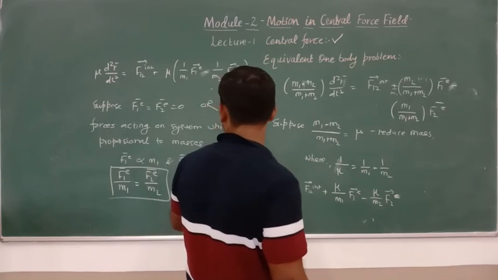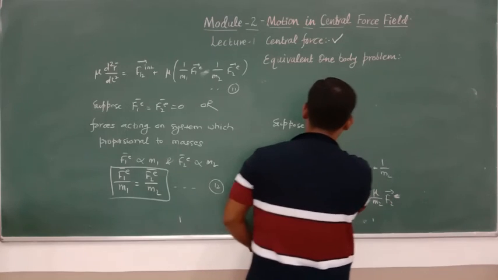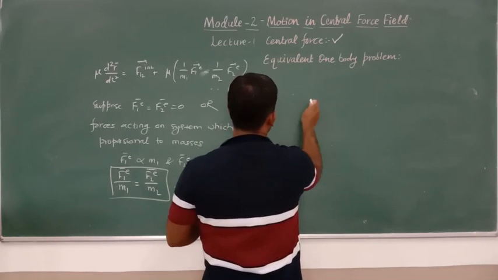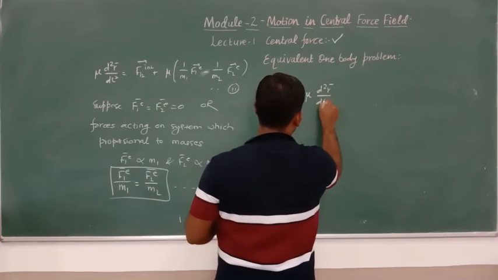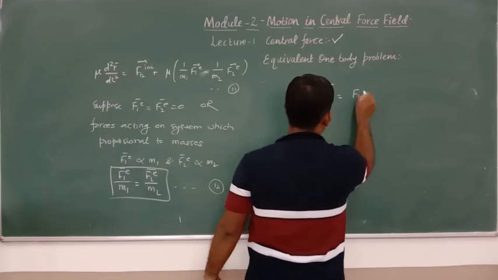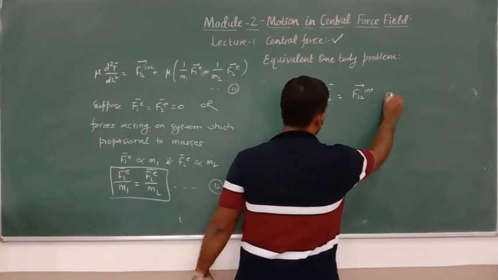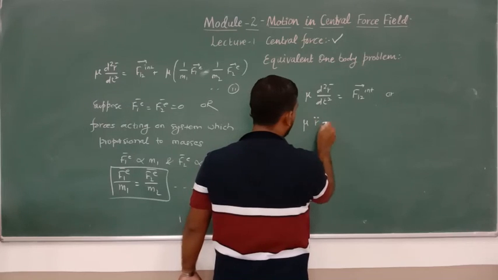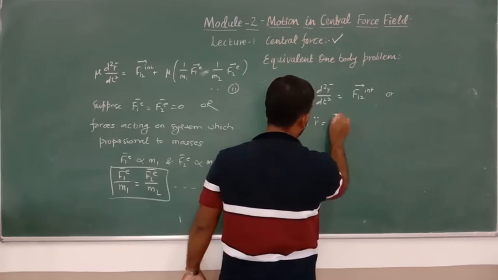So if you put the value of 12 in equation number 11, we can write the equation as, therefore, mu d2r bar by dt square is equal to F12 bar internal, or mu r2 bar is equal to F12 internal.